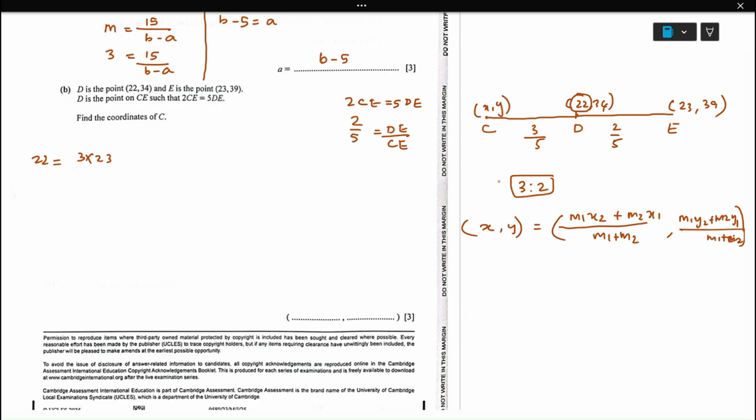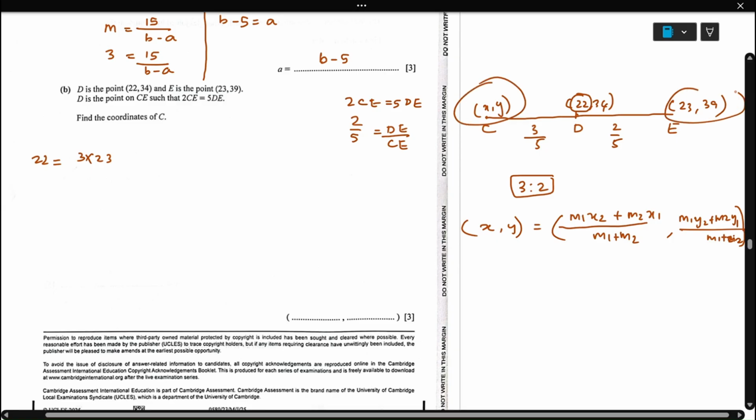So here m1 is 3 times x2, this is x1 y1 and this is x2 y2. So this is the way: m1 x2 plus m2 x1.